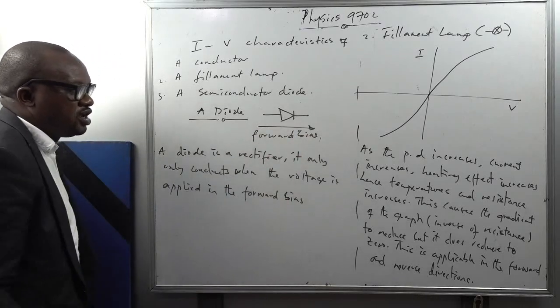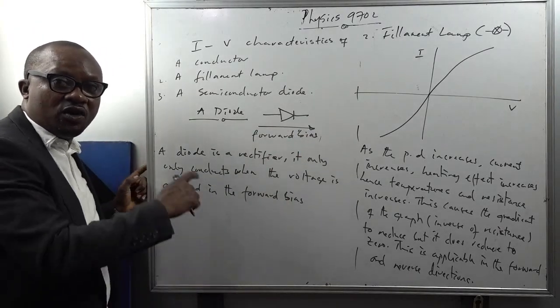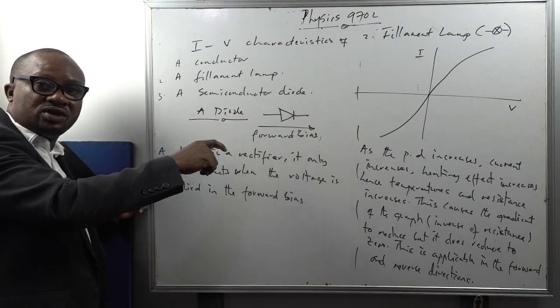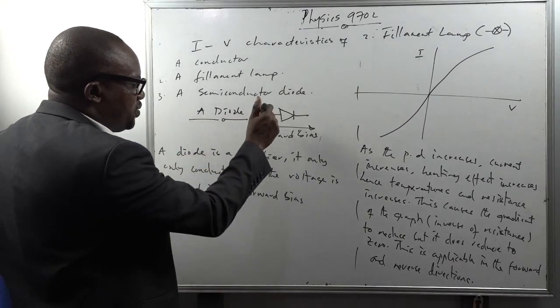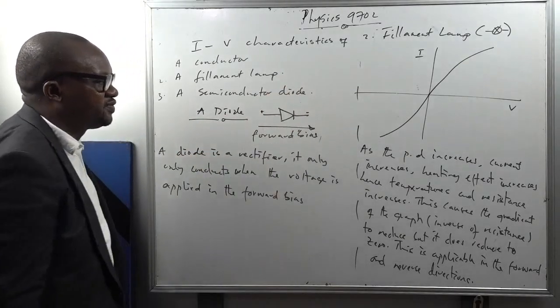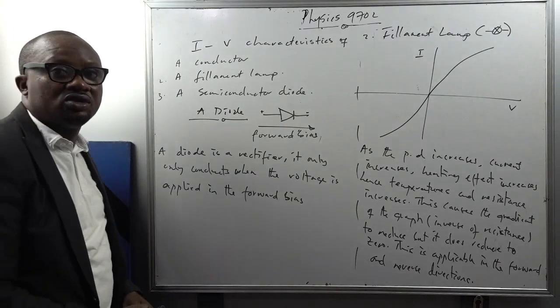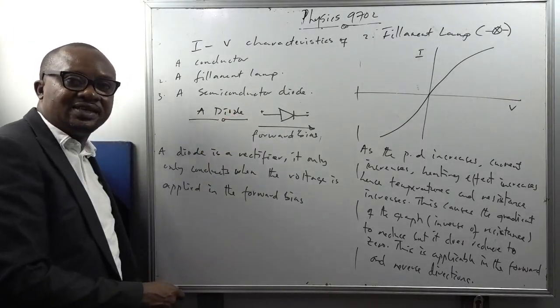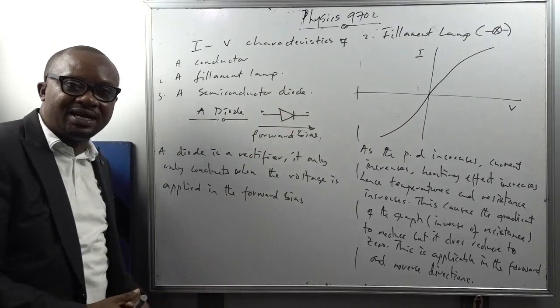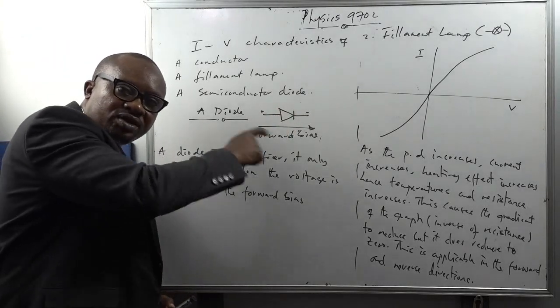That is like this. When the voltage is applied in the forward bias, that is when the diode conducts, meaning that this end is positive and this end is negative. If you apply the voltage to make this end the positive polarity and this end the negative polarity, that is when the diode will conduct.